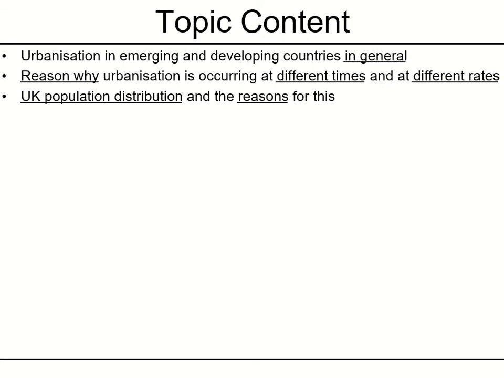We're going to look at the UK as a focus and how the population of the UK is distributed unevenly, and why, for example, more people cluster in certain parts of the UK. So, why don't all the people in London, that's sort of busy and crowded, spread out a bit further? You're going to look at the reasons why that's the case. You're going to look at the amount and rate of UK's urbanisation historically and today as well.